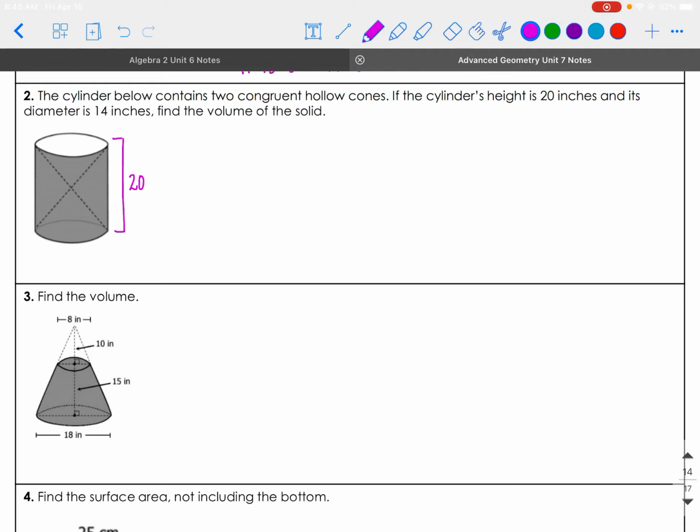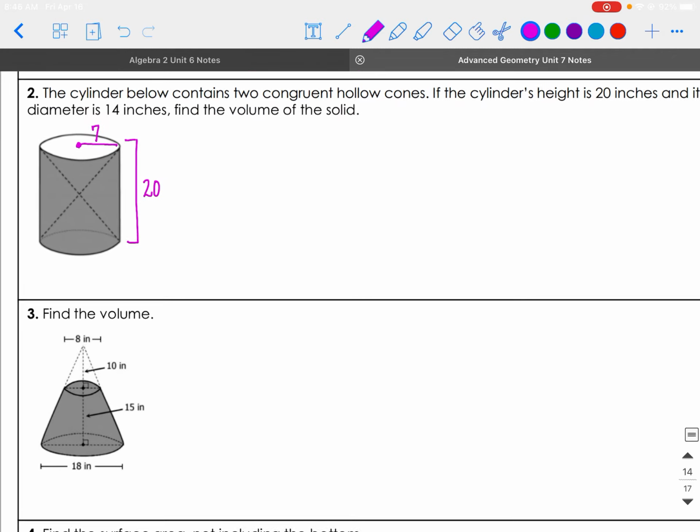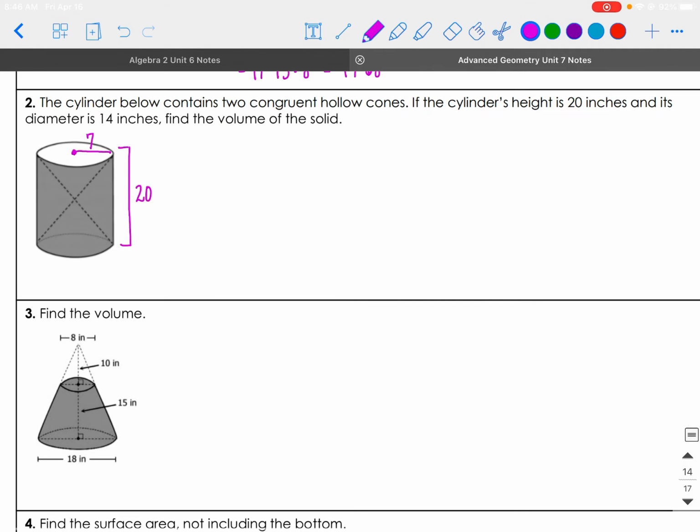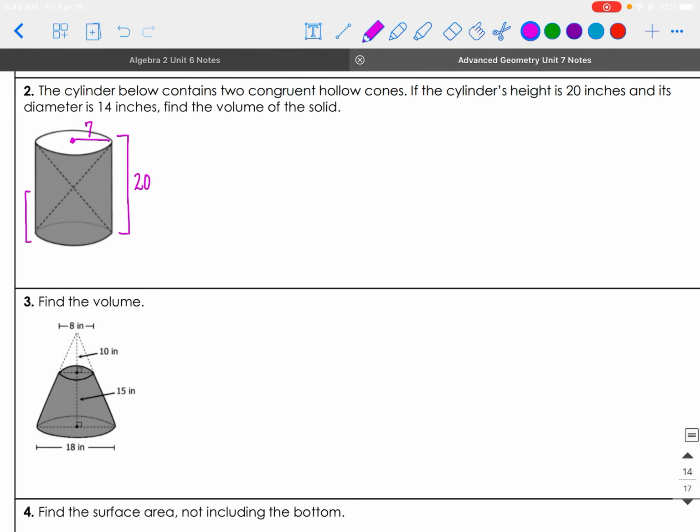And the diameter is 14, but remember we always use radius, so the radius is 7. Now if the height of the entire cylinder is 20, what is the height of one of the cones? 10.